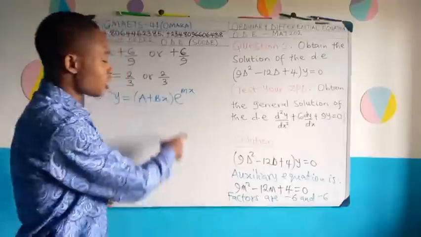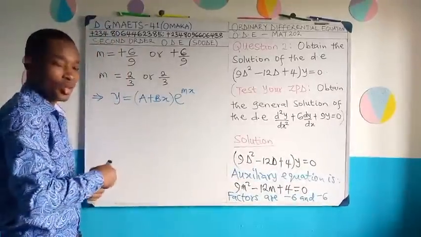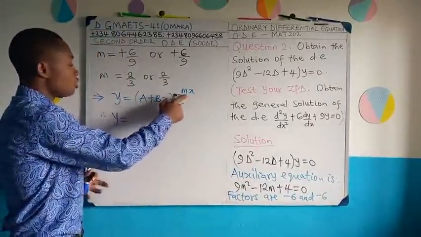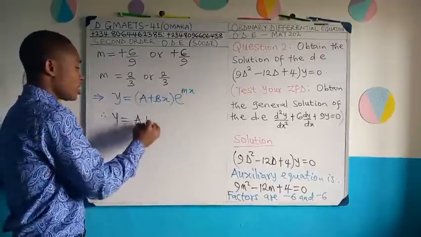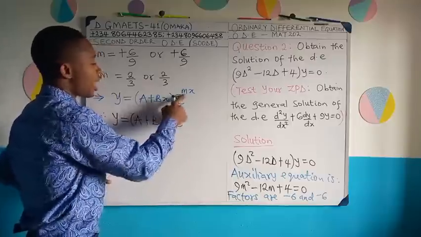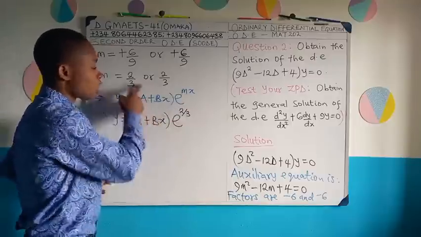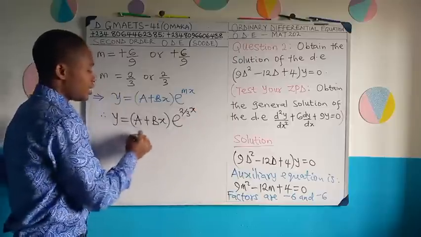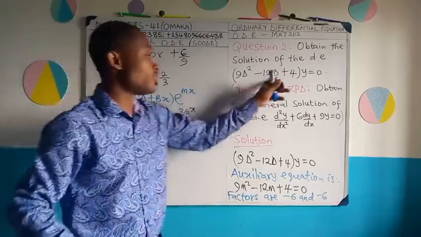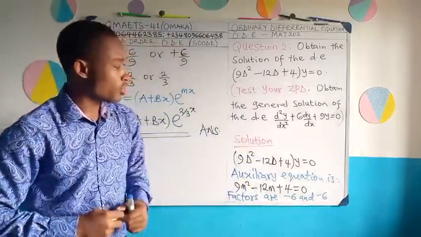Then the solution that goes to that is this solution. All we need to do is to substitute for our root of the equation, that is m. We're going to have (A plus Bx) times exponential m, our m is 2 over 3, just pick one of them, multiplied by x. This is the solution to this homogeneous second order ordinary differential equation.